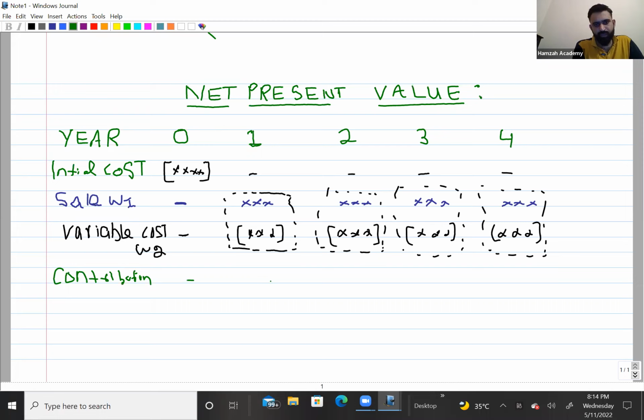So we will have the contribution for year 1, then year 2, year 3, and year 4. The difference between sales and variable cost is the contribution. You get it? Do people get this point?